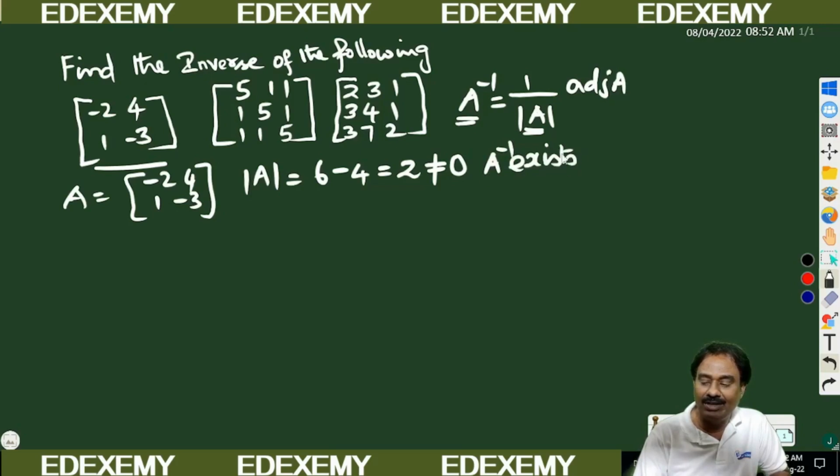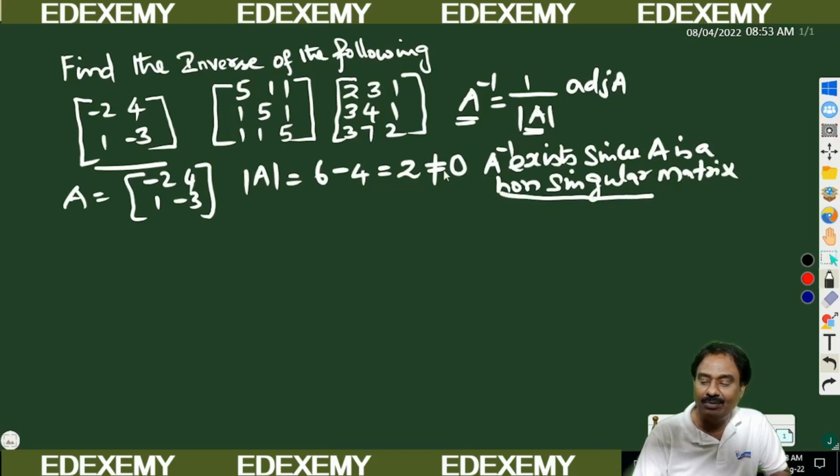You have to write this. If the determinant value is 0, then it is a singular matrix, and there is no inverse of that matrix. If it is a non-singular matrix, then only A inverse exists.